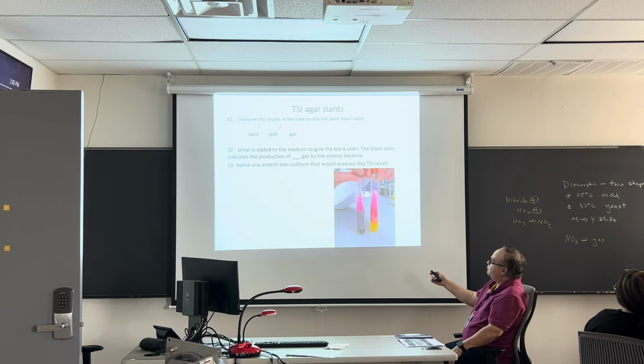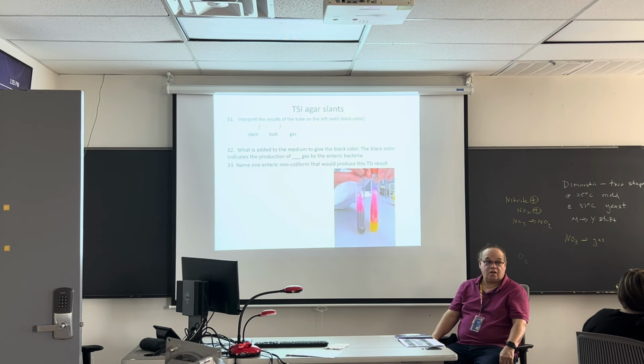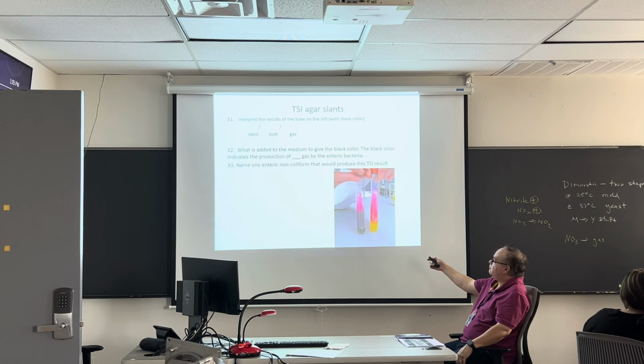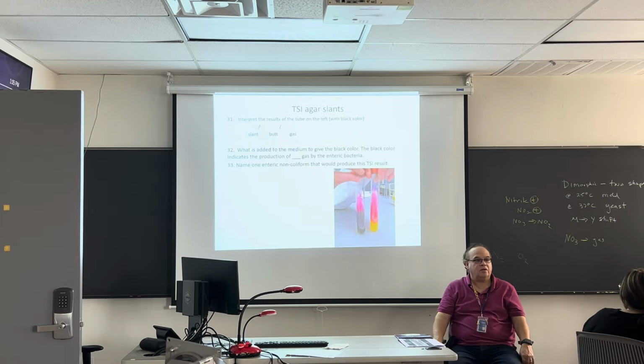Okay? All right, let's do this one here. So I've got fuchsia there and I've got black there. Go. K, A, hydrogen sulfide. What about here? I've got fuchsia here, I've got yellow there, and I've got cracks and fissures. I've got broken media. Go. K, A, gas, just gas, not hydrogen sulfide. Okay?